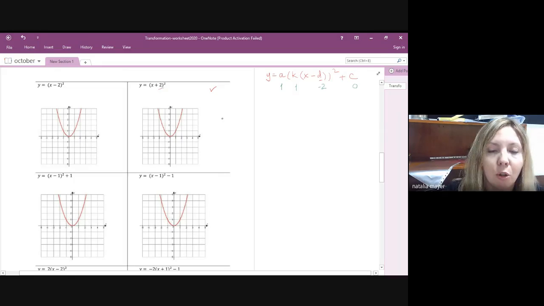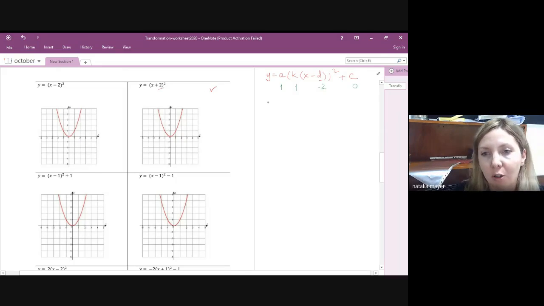Okay, so now let's think about transformations. What kind of change has been applied here? Remember, this is the graph of the parent function x squared, and we are to graph a function with this new formula.